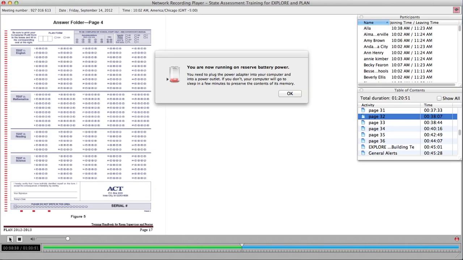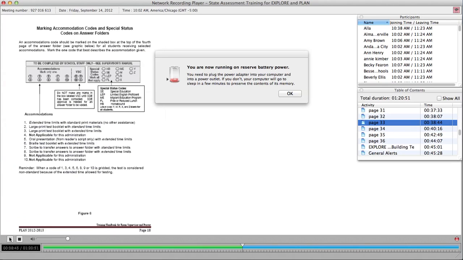But you will follow directions in the manual specifically for students to complete their answer folder. This next page shows you in a bigger form that we just talked about, that section of the answer sheet to be completed by school staff.